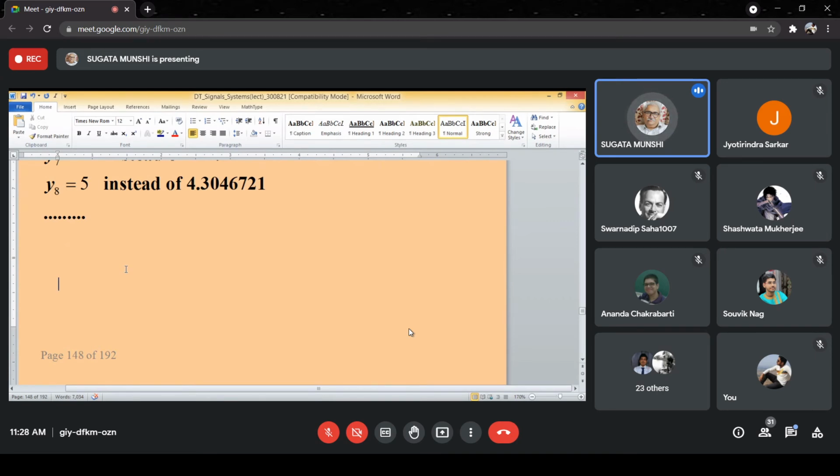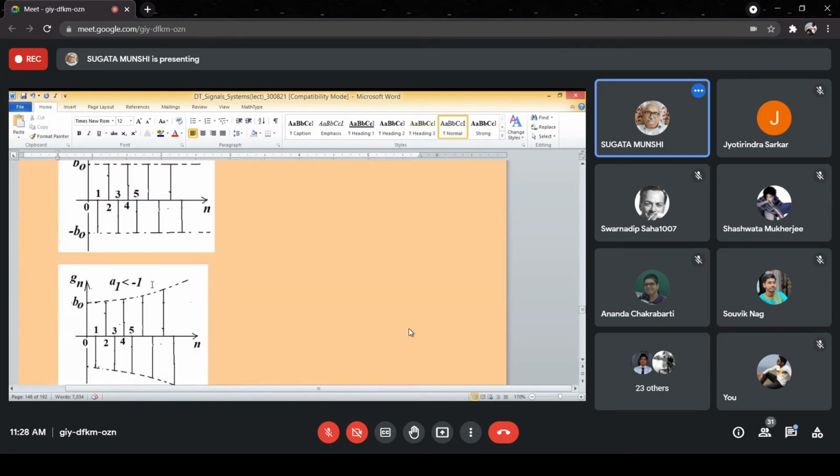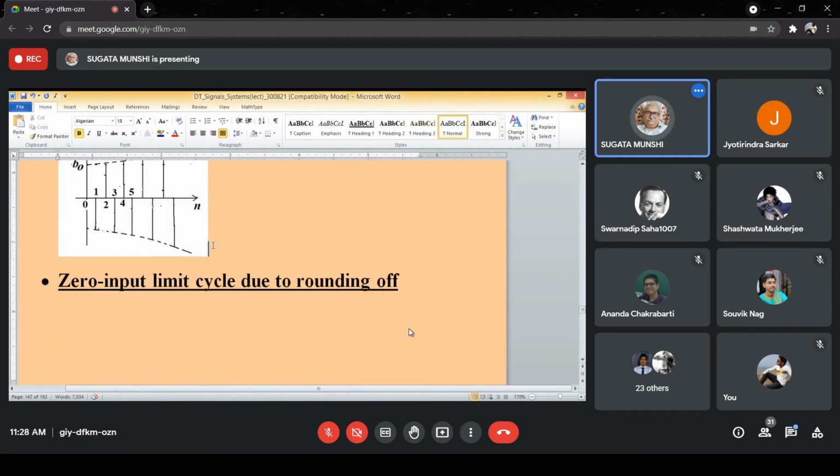When you are implementing the system, rounding off to nearest integer will not happen. But rounding off to a certain number of bits, that may not represent nearest integer. That may happen. So a similar problem may crop up. Okay.